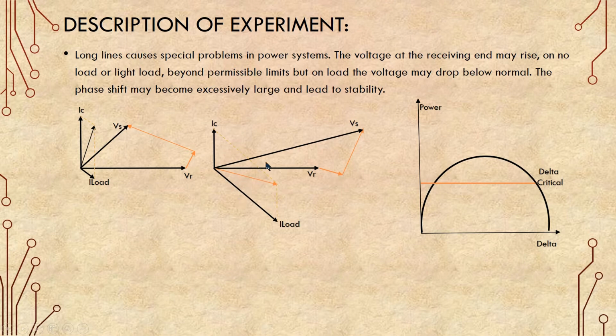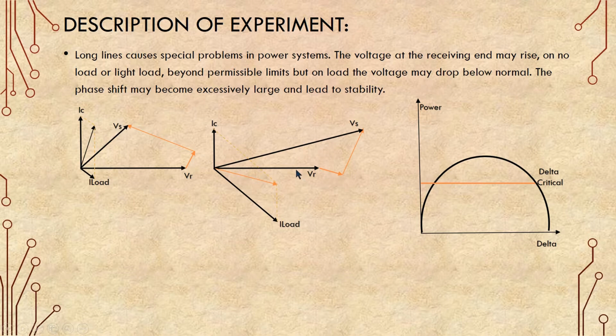In this case, with this IR and this IX voltage drop, the receiving end voltage is less than the sending end voltage. If the receiving end voltage goes below the permissible limit, it is also creating a problem.